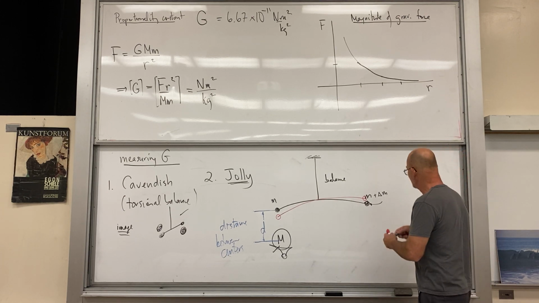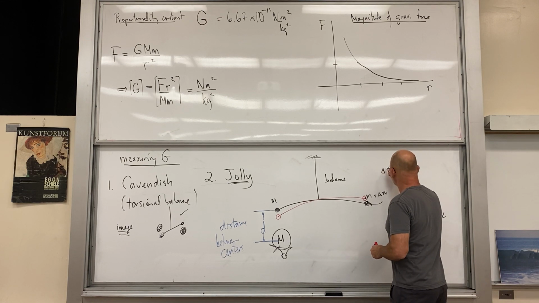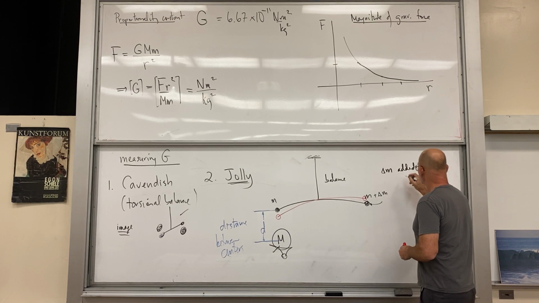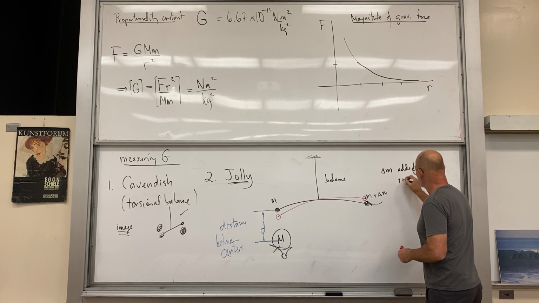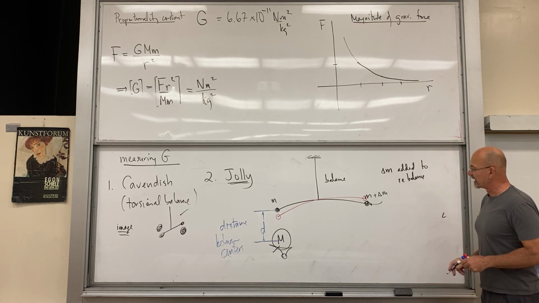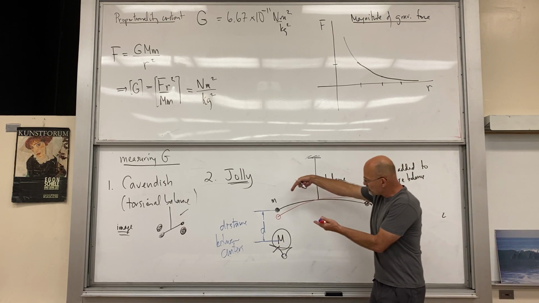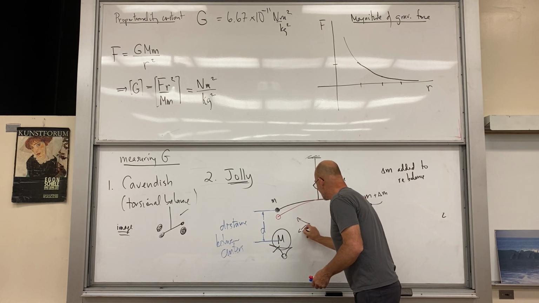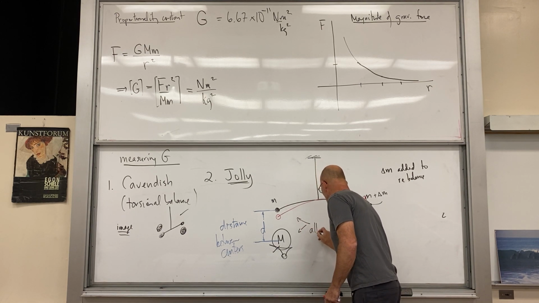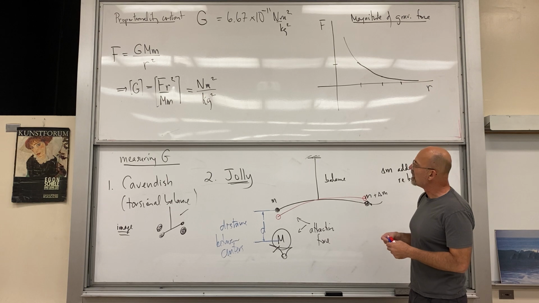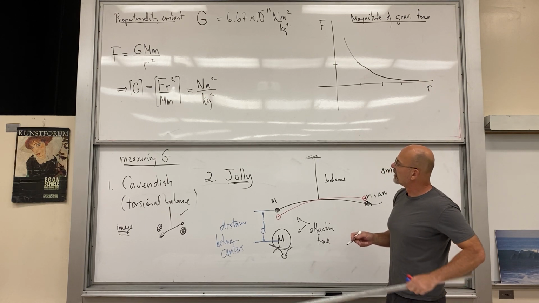And I'll put here delta M added to rebalance on this side here. And over here we have the attraction between these two masses. Okay. Attractive force. Okay. So now with Newton's law, we're ready to go.